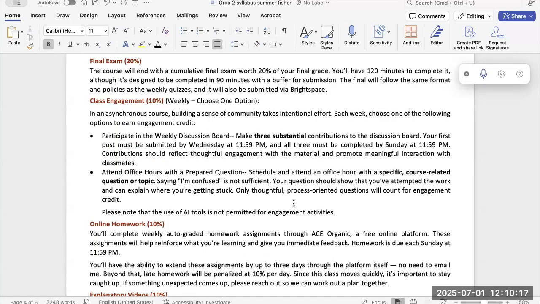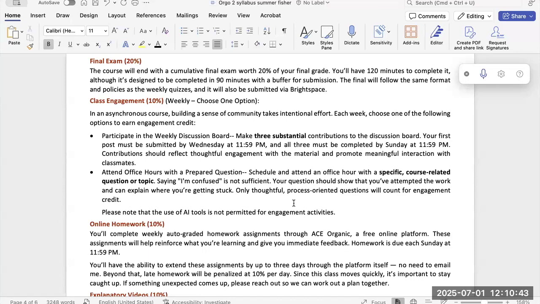10% of your grade is class engagement, and you can choose one of the 2 options. I have started a weekly discussion board where you must make 3 substantial contributions. The first contribution has to be posted by 11:59 on Wednesday. Your second and third have to be completed by 11:59 on Sunday night.